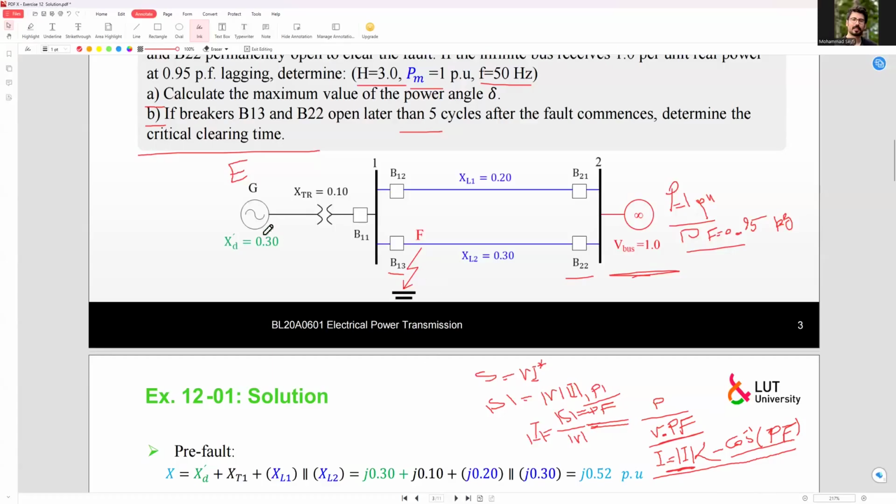So, and also we need to calculate the equivalent impedance between the generator and also the infinite bus. So we have these impedances, which these are in series, so they should be summation, and these are in parallel, and also this summation here.